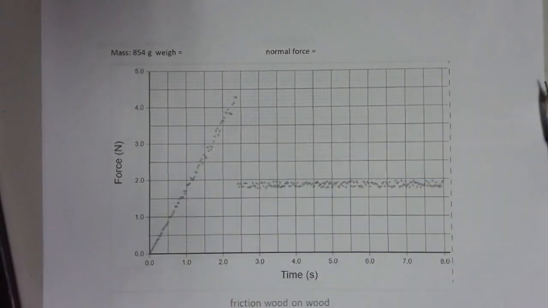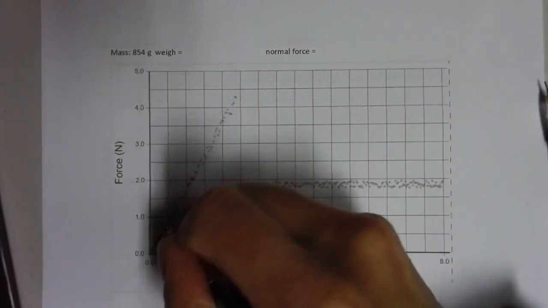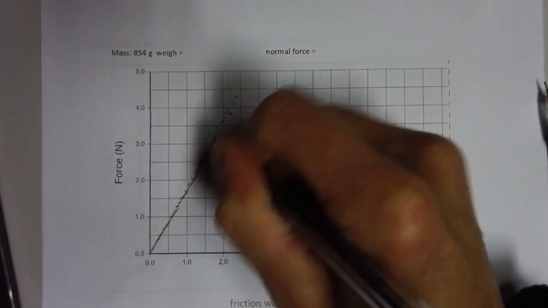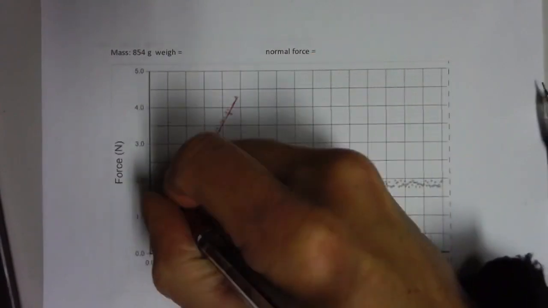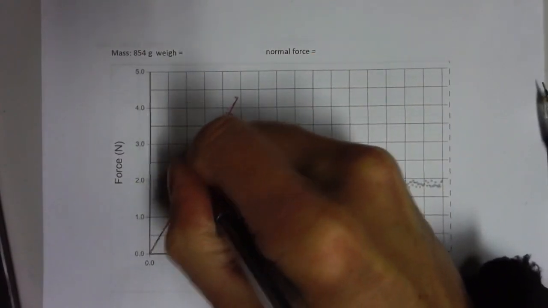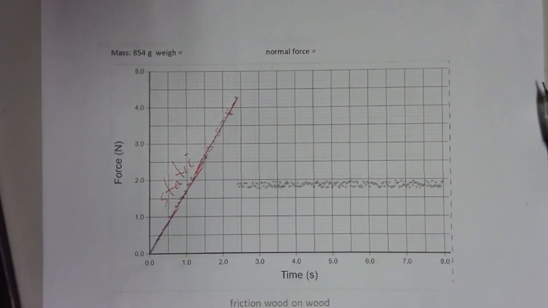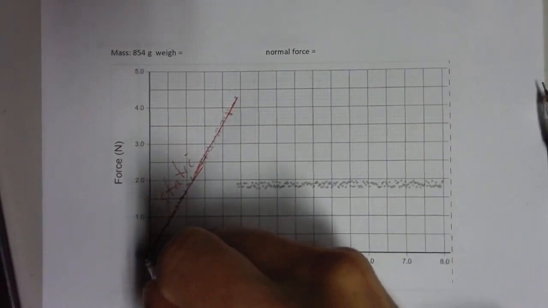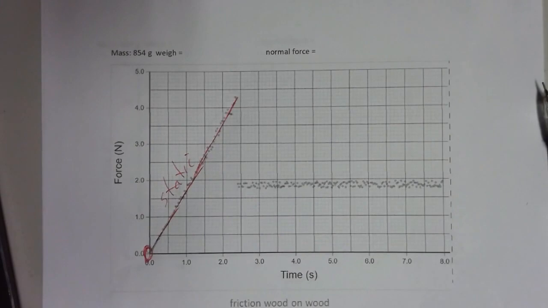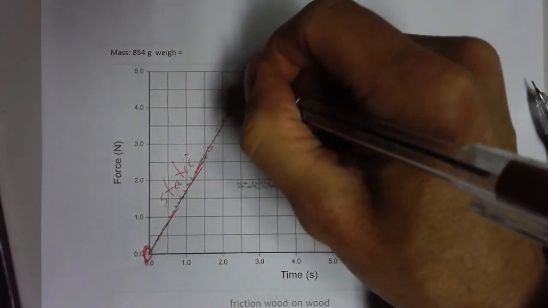This section of the graph right here, that was when it was not moving. This was the static friction part. Notice it is a range from 0 up to a max.